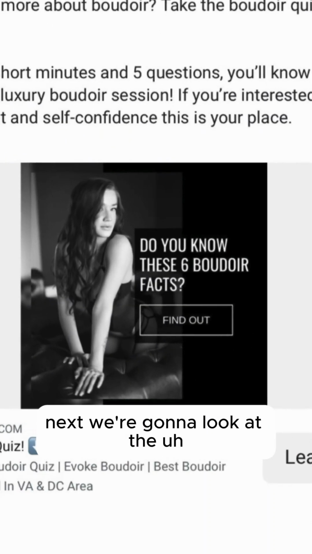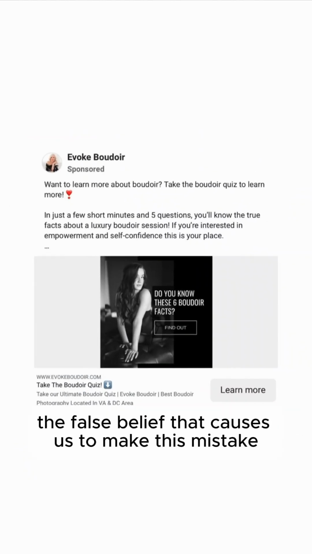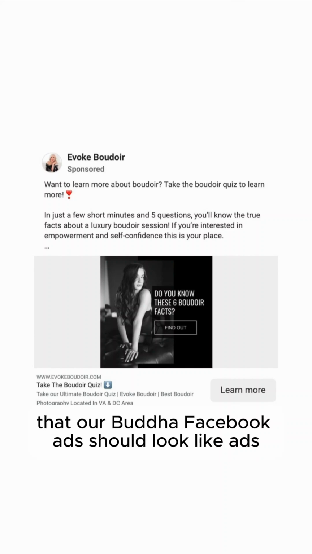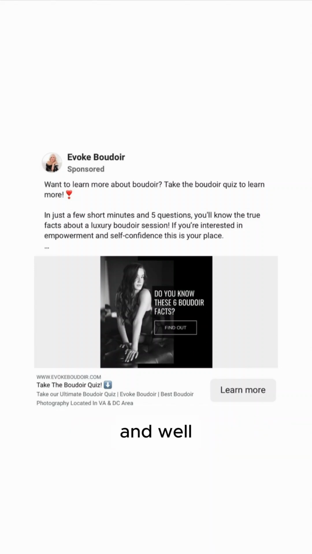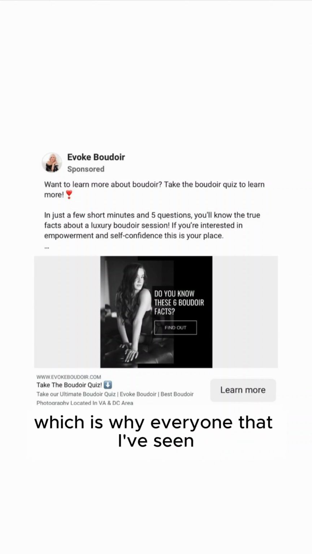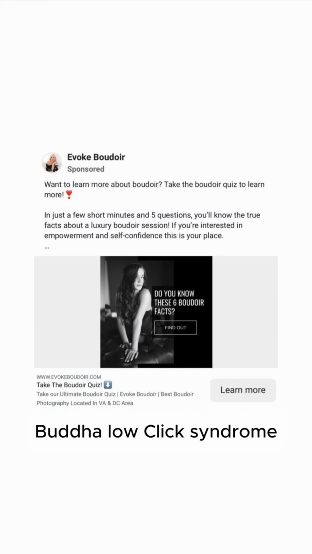Next, we're going to look at the creative, the photo. Yeah, this is the looks-like-an-ad mistake. So the false belief that causes us to make this mistake is that we actually believe that our Boudoir Facebook ads should look like ads, because that's the same with all the other Boudoir Facebook ads we've seen. And, well, that's because everyone's making the same mistakes, which is why everyone that I've seen the backend data for has had BLCS, Boudoir low click syndrome.